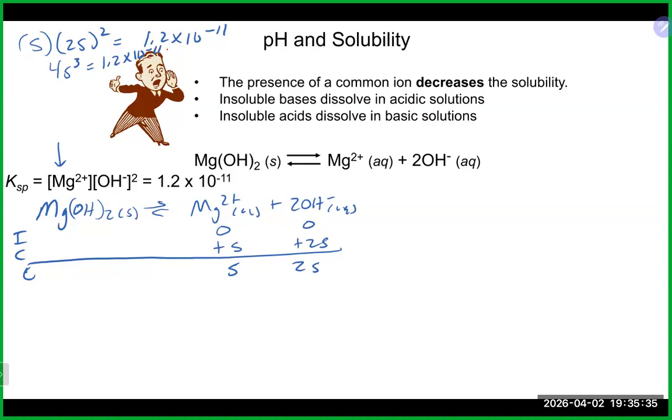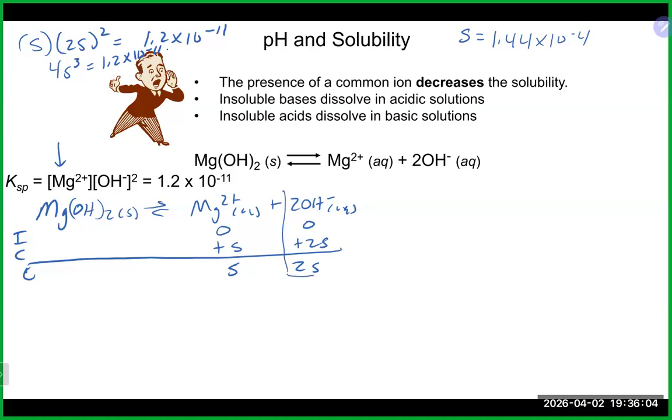We're going to divide by 4 and take the cube root of it. So 1.2 times 10 to the minus 11 divided by 4, and then take the cube root of it. Again, if you don't have a root type of button, do a caret to the 1 divided by 3, and that should do it for you. That is going to give us an s value here of 1.44 times 10 to the minus 4. Remember here, we are interested in pH.